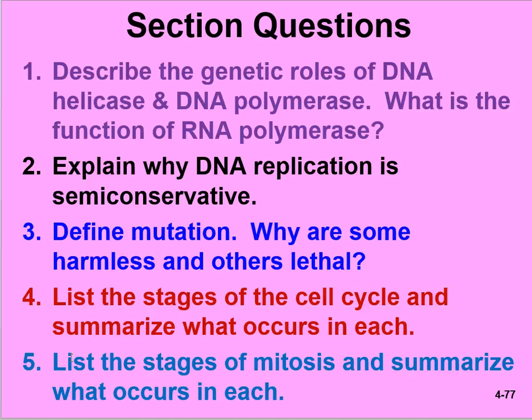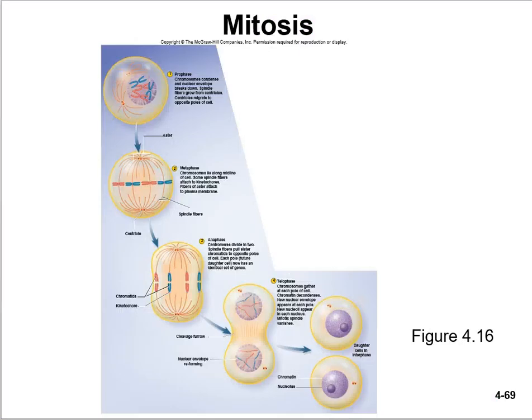Number 4, list the stages of the cell cycle and summarize what occurs in each. I'm going to go back to this picture to help with that one. Prophase, we start to see chromosomes because the DNA wraps around those histone proteins and condenses.